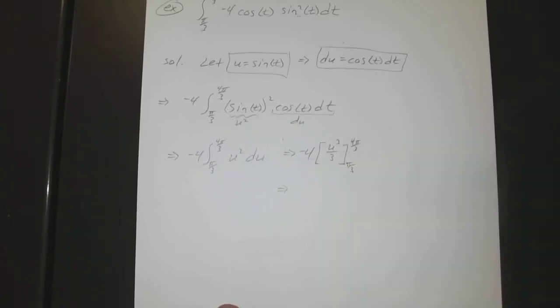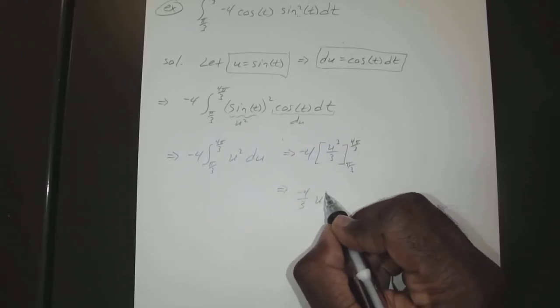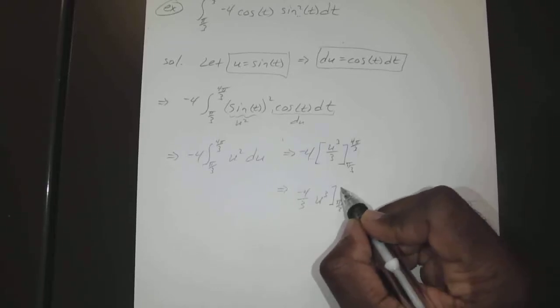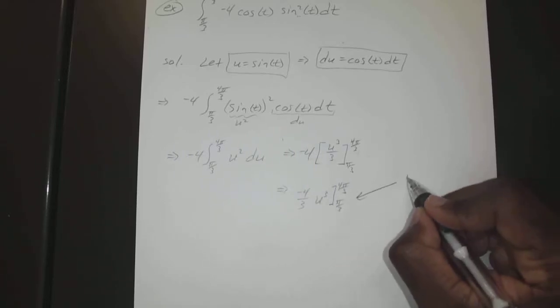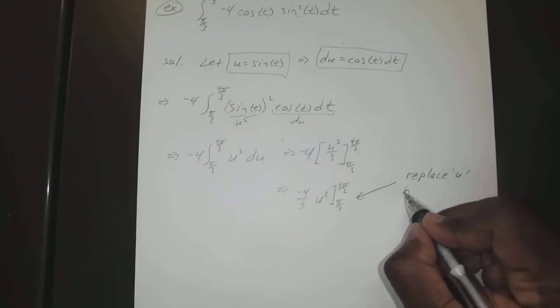4 pi over 3. Okay, so if we bring out the 3, -4 over 3 times u to the third from pi over 3 to 4 pi over 3. Once again, yep, replace u before substituting.